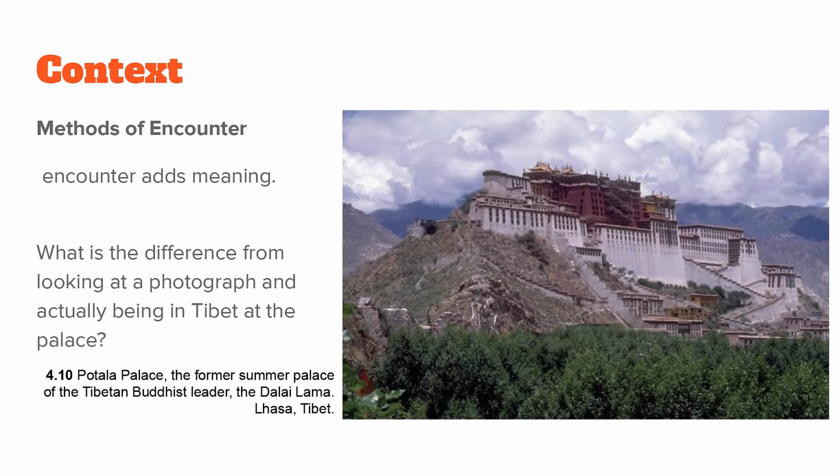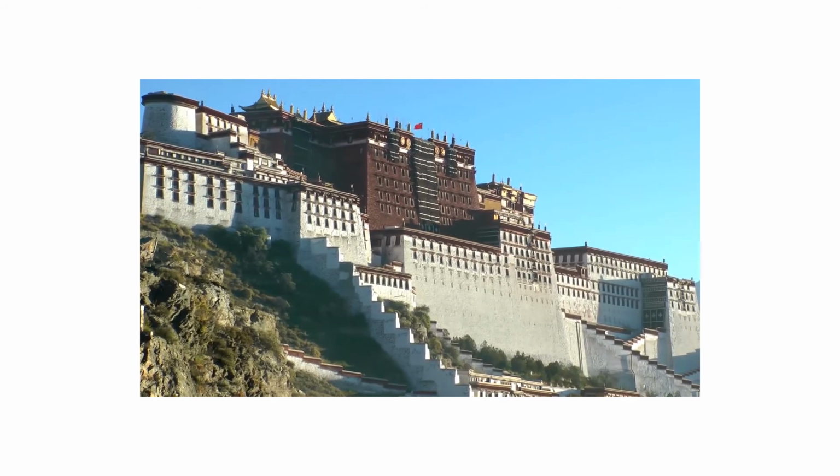Method of encounter also can change or add meaning. This is the Potala Palace. This is the summer palace of the Tibetan Buddhist leader, the Dalai Lama. What you're actually looking at is a photograph. You're looking at a photograph that was taken by a photographer, edited, saved, put on a server, tagged with keywords, and then I eventually found it, and maybe I found some supplemental videos for it as well, where you guys are looking at it now.